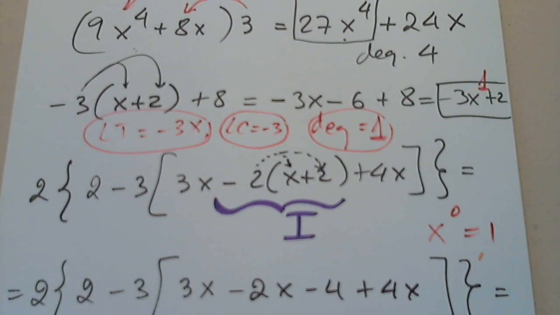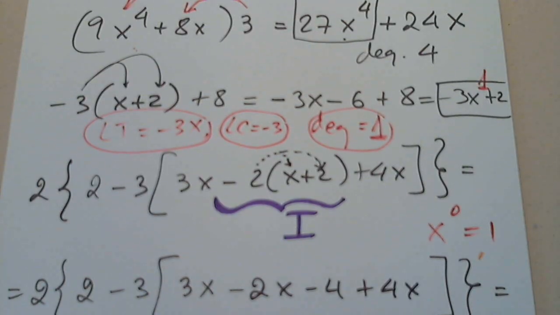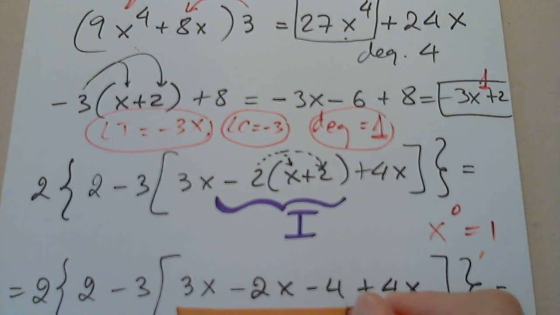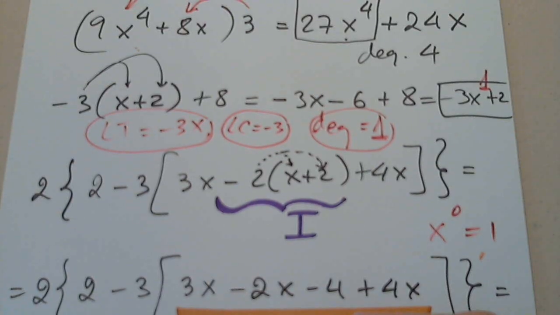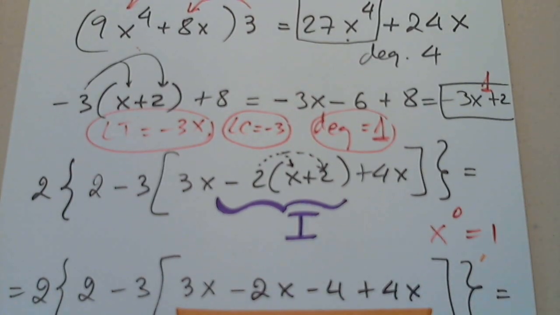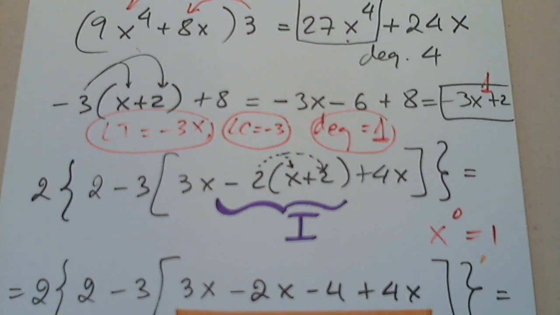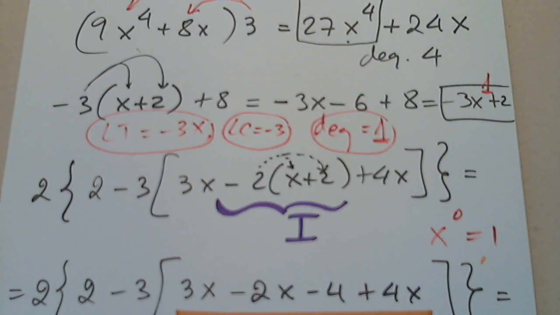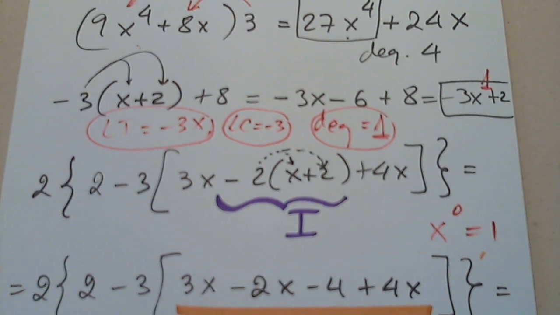At this point, I must combine like terms in here. I cannot do anything else. This is my second step. I must combine like terms and present inside brackets the combined like terms expression in descending order of the powers of the variable.